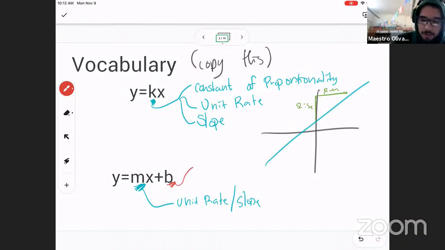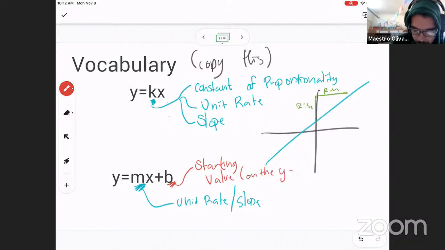The b represents your starting value. So if you're like, what does that mean? It's your starting value on the y-axis.